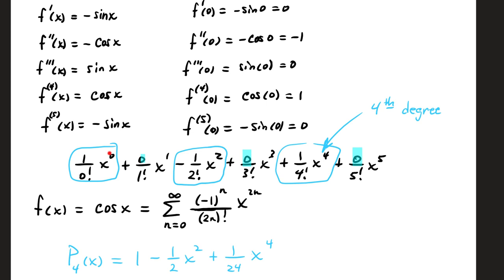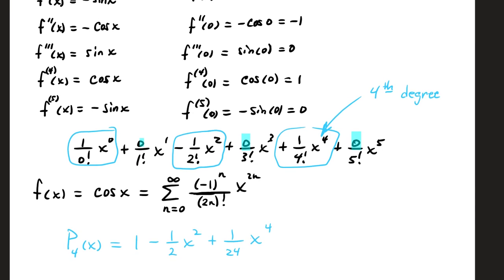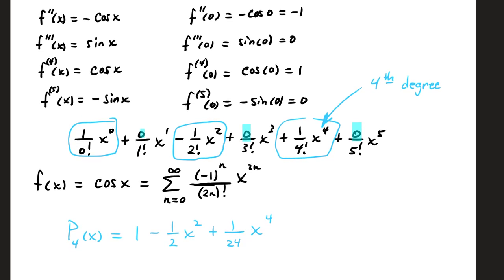Back to the blue boxes. I stopped when my power got to 4. If I had gone out here where my x to the sixth term exists, and I used all of them, I'd have a 6th degree approximation. But I only stopped here at 4. So let's look down in the blue ink. Everything you see in the blue ink, I've transferred down here.